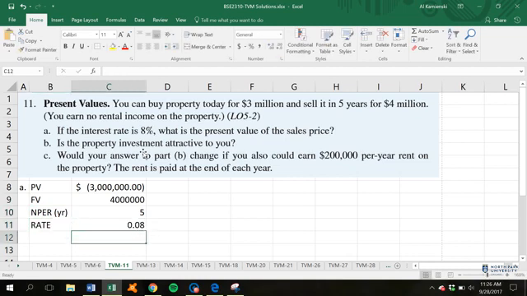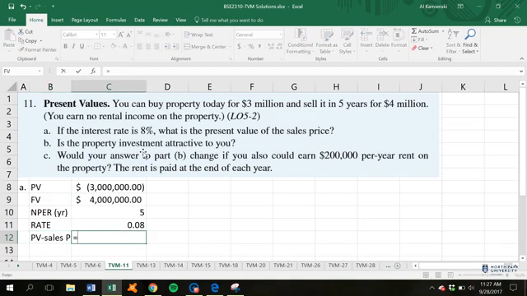That's kind of a strangely worded question, worded a little more oddly than needs to be. All it's asking is, what is the present value of this $4 million that comes in 5 years at a rate of 8%? So let's put this present value of the sales price.